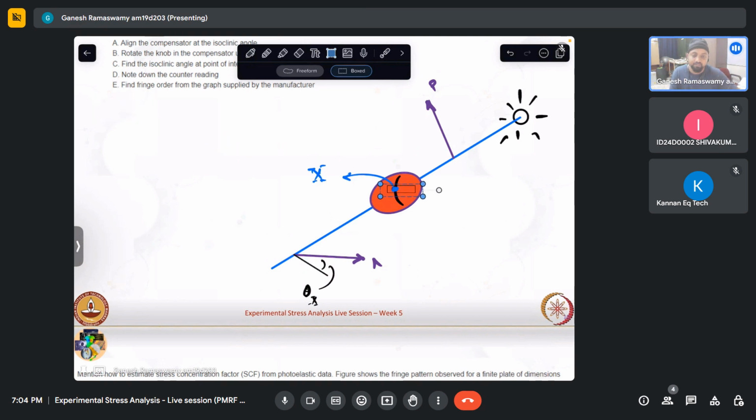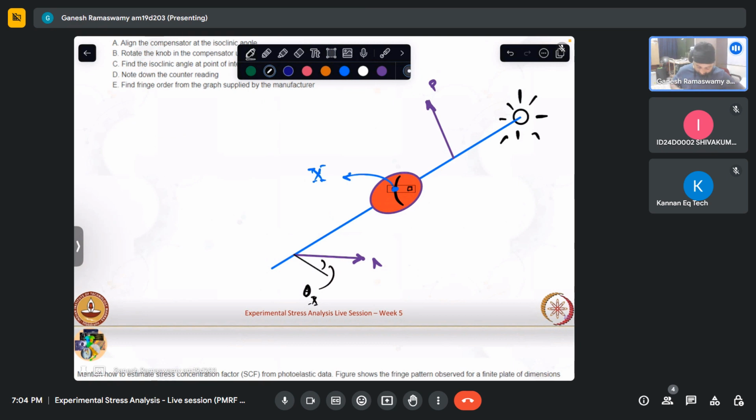Then I'll start rotating the knob till I find the isochromatic fringe of known fringe order pass through that point. Once I do that, I will have a reading over here. There will be a dial which will give me a reading, and I have to compare that reading against the calibration chart and find out the fringe order. So this is the entire process.